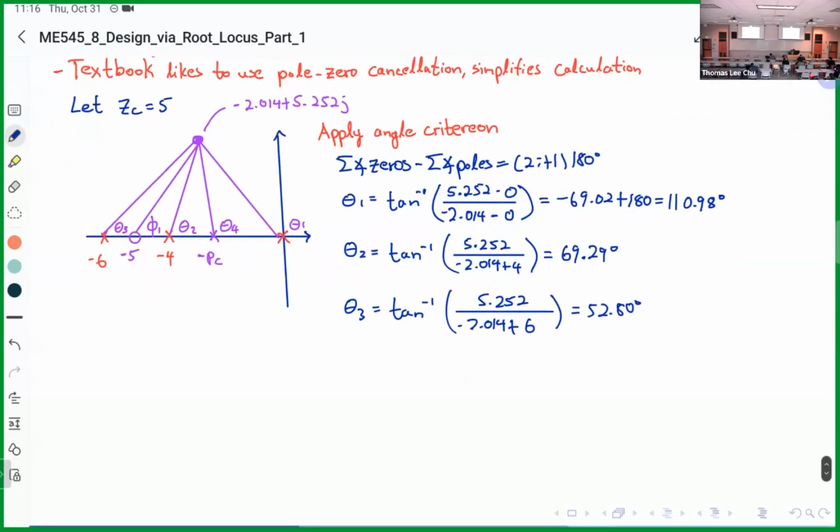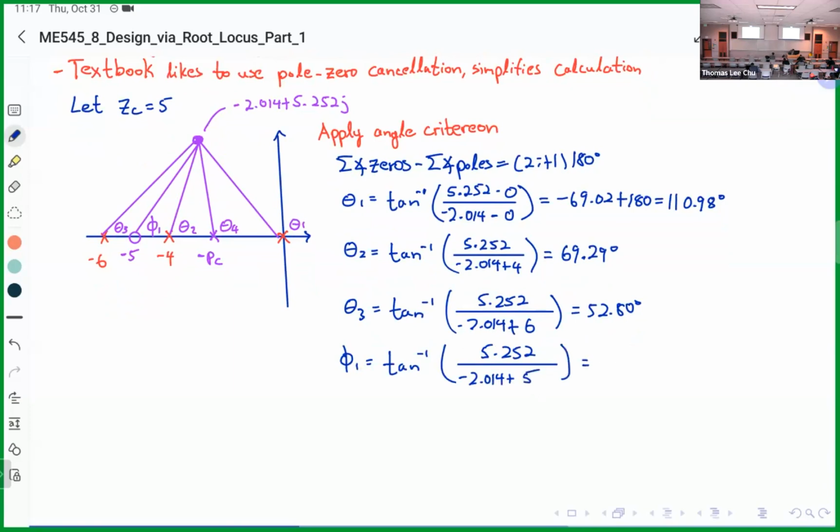And then now we also have phi. And we get 5.252 divided by negative 2.014 minus 5, so plus 5.